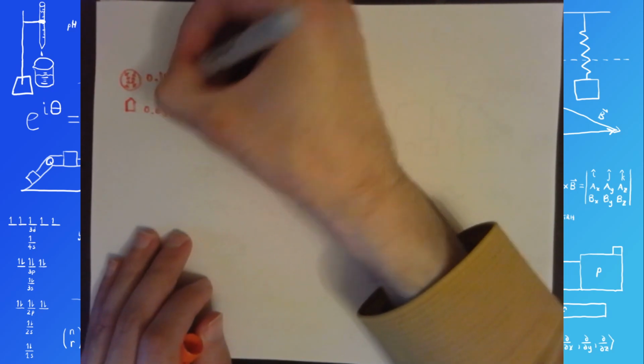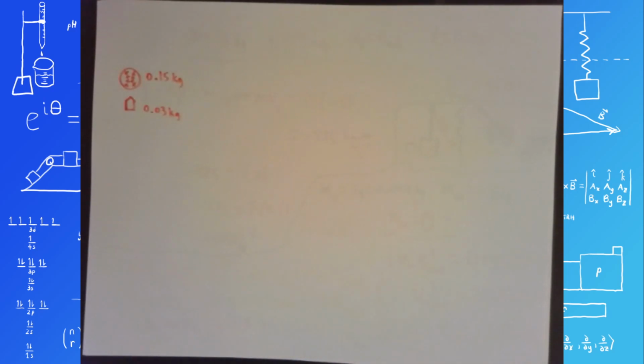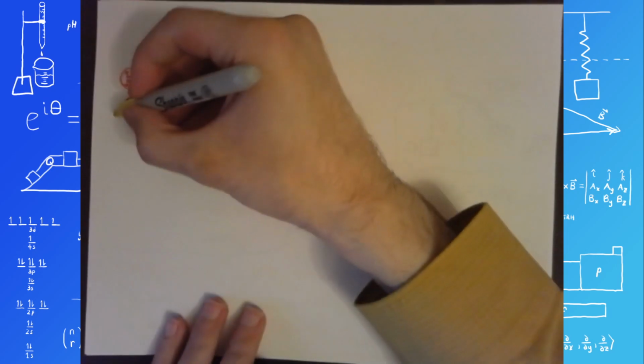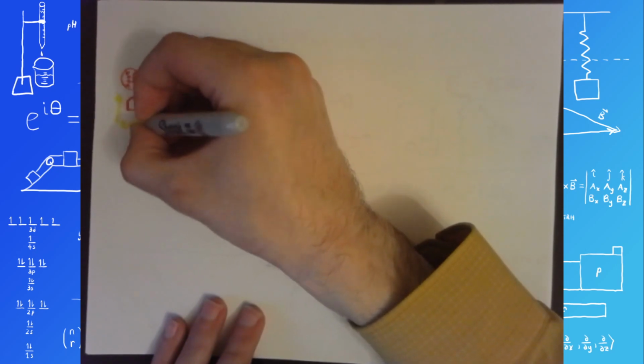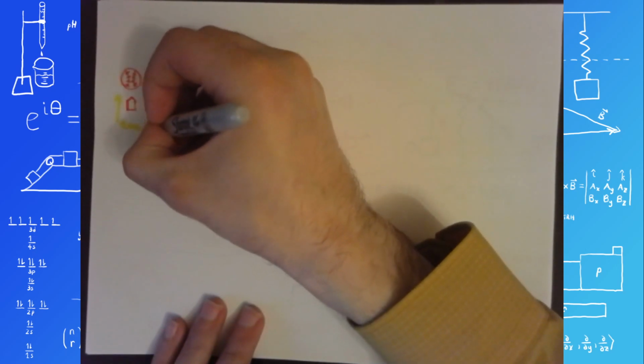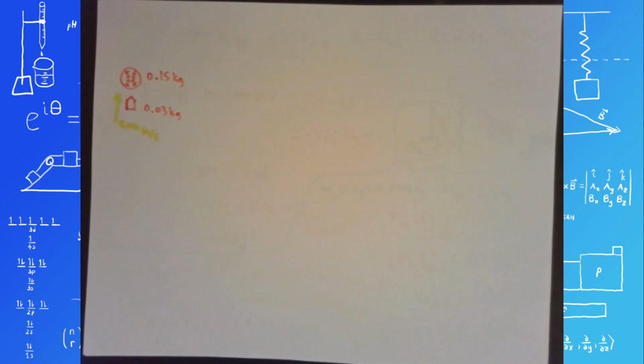Not too much of a mass difference here. And it's fired vertically at 200 meters per second. How high does the combined bullet and baseball rise after the collision, assuming the bullet embeds itself in the ball?